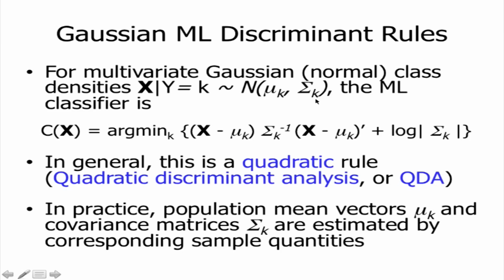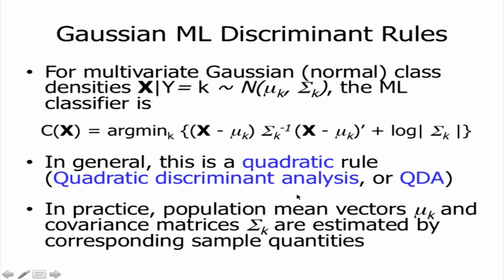But in any event, you would then estimate the mu and the sigma, and therefore you can estimate the class probabilities, and then you can just use the maximum likelihood approach. And that results in a classifier which has a famous name, quadratic discriminant analysis.